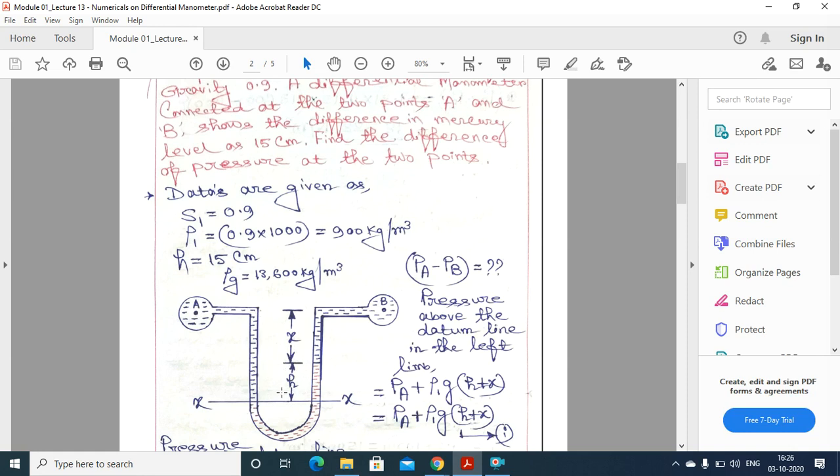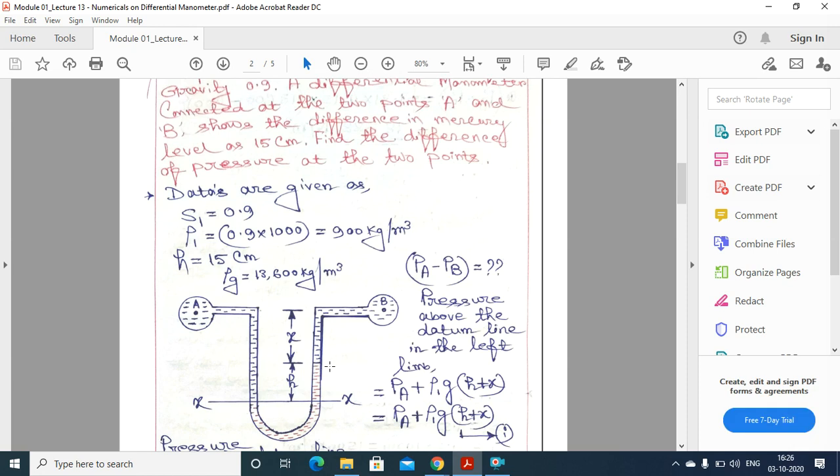Here h is the difference between the mercury levels in the two limbs, and x is the height of the center of the pipe from the mercury level in the right column or right limb.